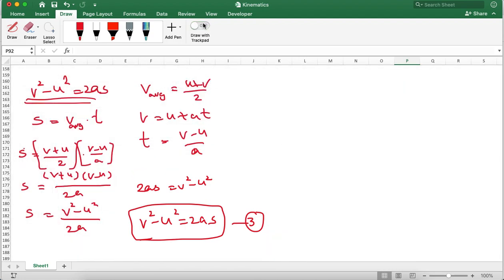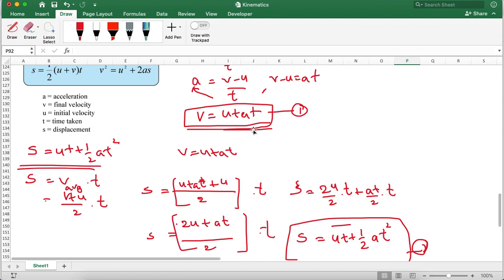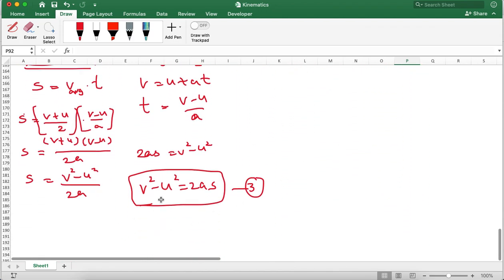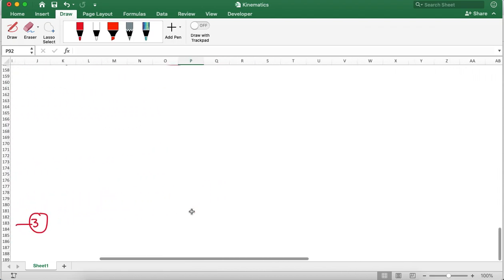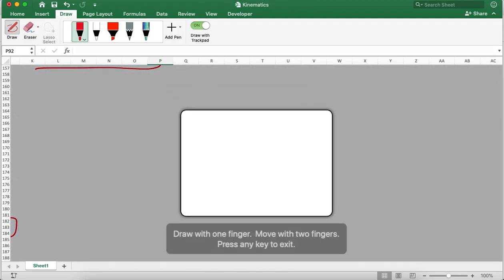So till now we have derived the three relations for the kinematics. Number one is V is equal to U plus AT. Number two, S is equal to UT plus half AT square. Number three, V square minus U square is equal to 2AS. I will write all three equations once again at the same place so that you will get to know.